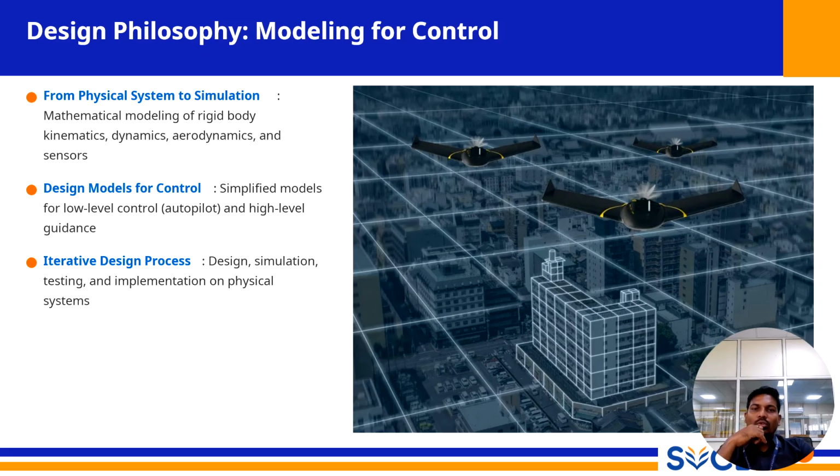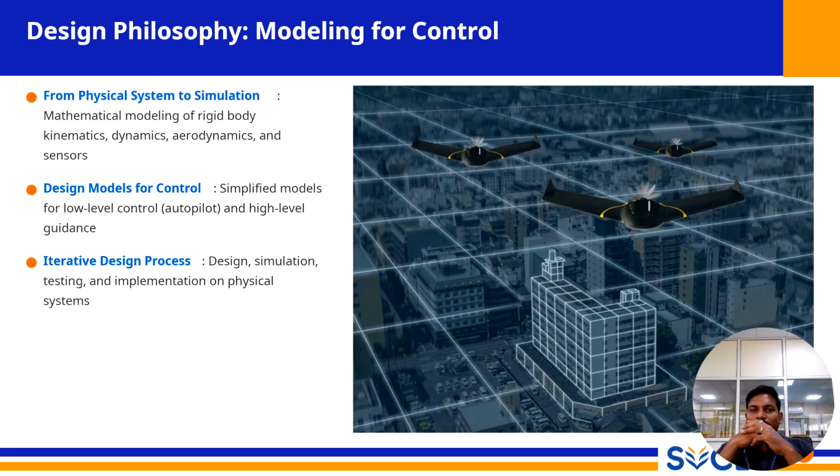Next, we move to simulation, where we test these algorithms extensively on our high fidelity digital twin to see how they perform under a wide range of conditions. Once we are confident in the simulation results, we proceed to test on actual hardware, in a controlled lab environment at first. Finally, the last step is the full implementation on the physical system for real-world test flights.